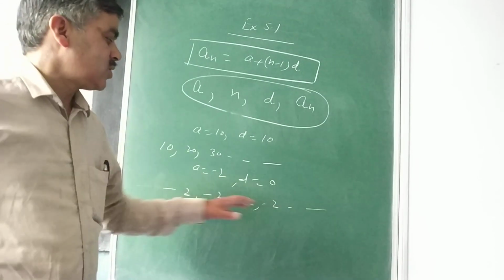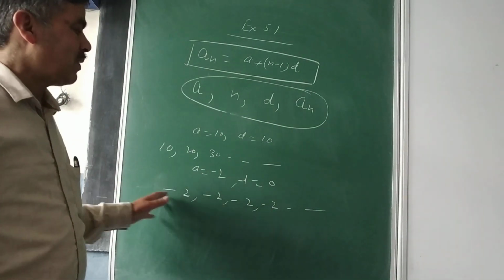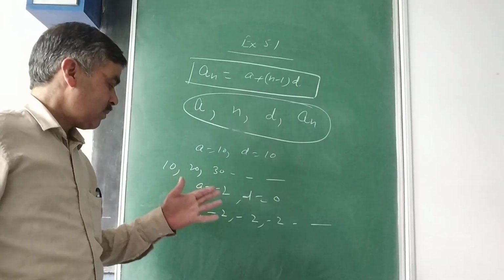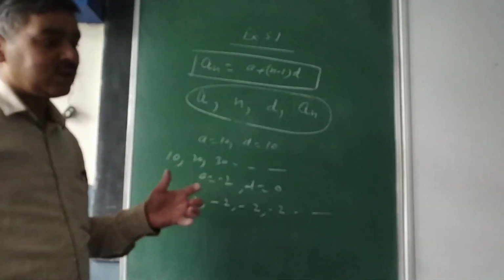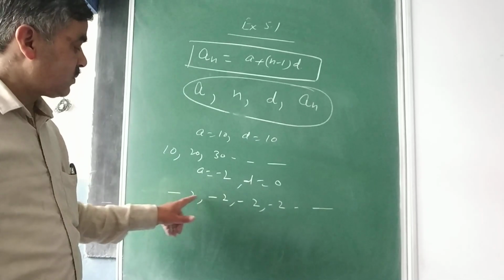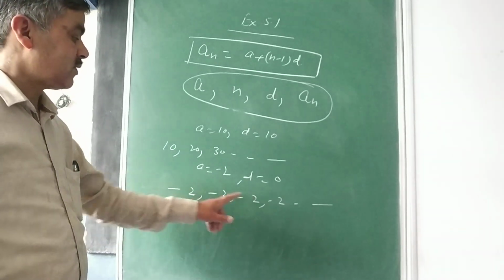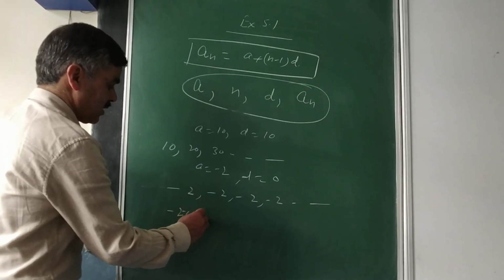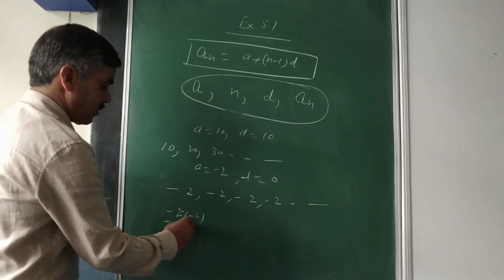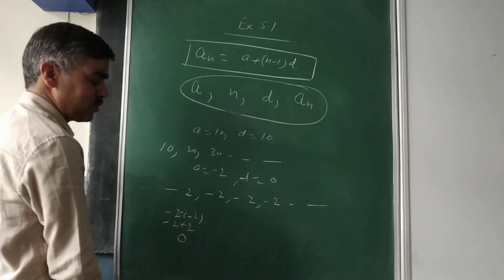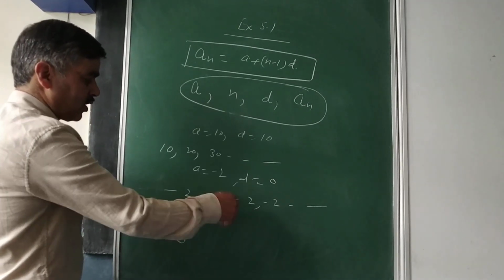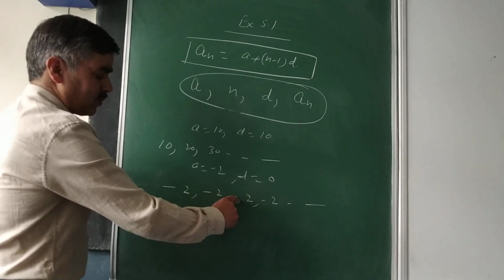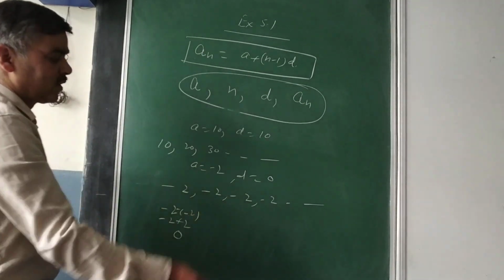Suppose you are asked to check whether this is an arithmetic progression or not. Sometimes we blindly say minus 2, minus 2, minus 2 itself is not an AP. But you see the definition of arithmetic progression. The difference between the successive terms, second minus first, if you check, is 0. Similarly, if you keep on checking second minus first, third minus second, fourth minus third, always the difference will remain the same.